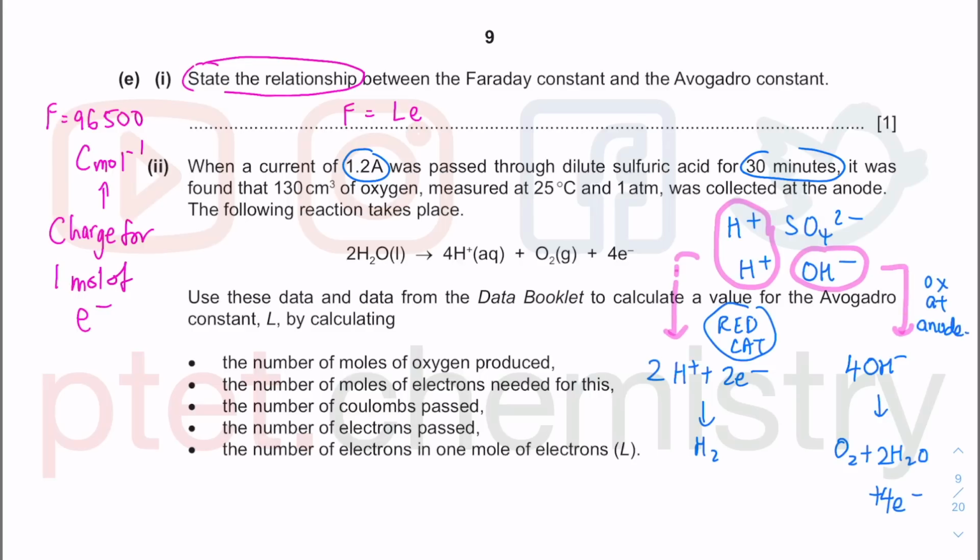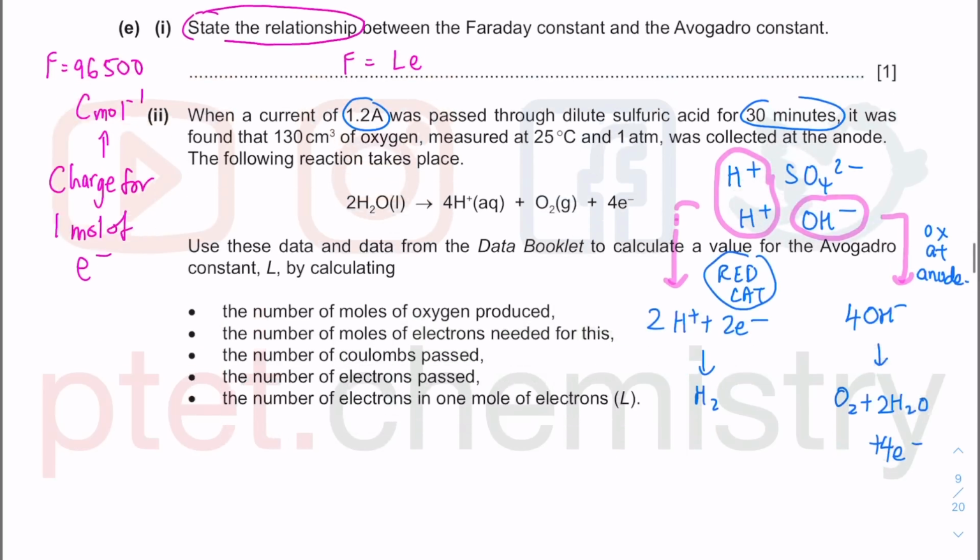Overall, the H2O is getting electrolyzed to give you hydrogen at the cathode and oxygen at the anode. And you're going to have H2SO4 remaining, and in fact it's going to become more and more concentrated as the electrolysis continues.